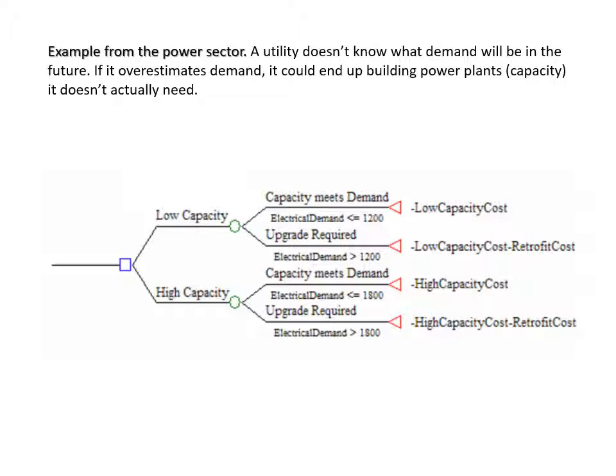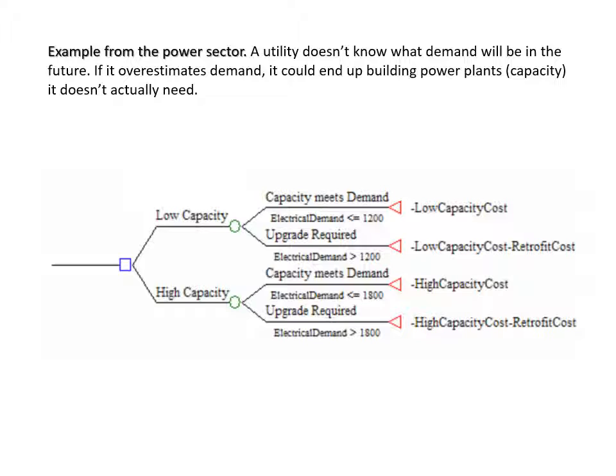So let's look at an example from the electric power sector. Let's say a utility is trying to figure out how much additional capacity it should build, but it doesn't know what electricity demand is going to be like in the future. So it has two choices here. It can build low capacity, or it could build high capacity.